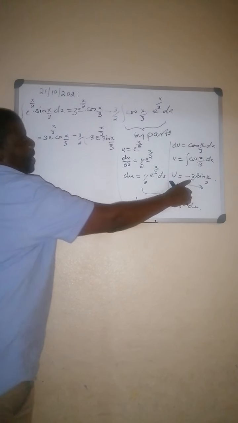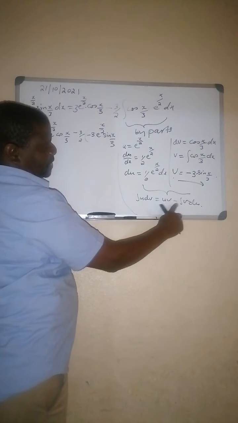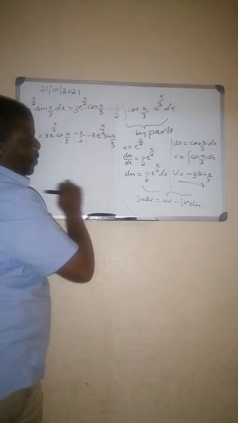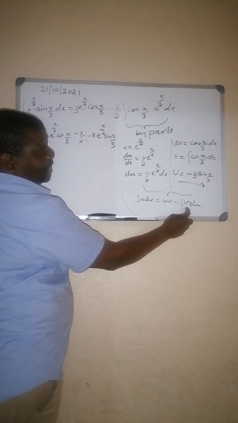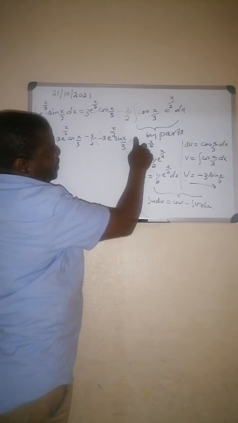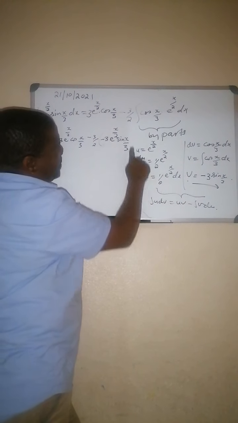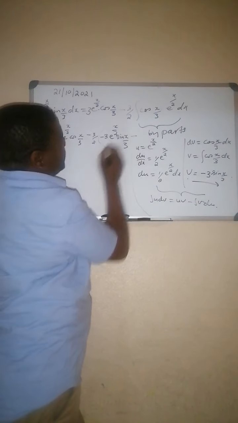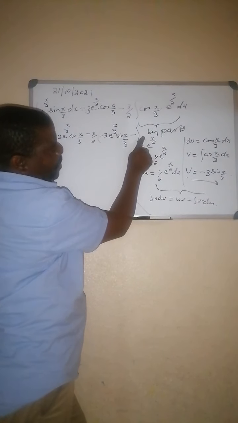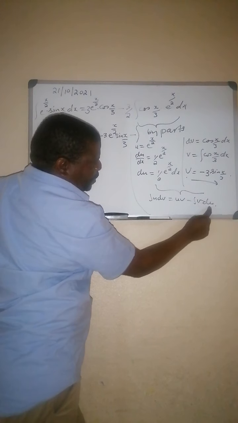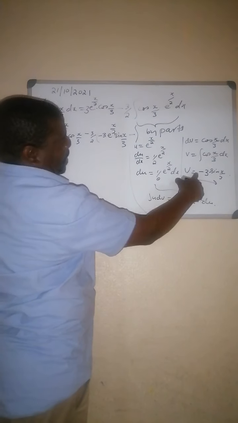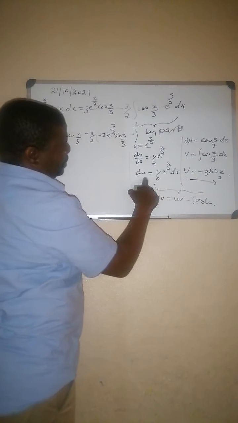Now, I need to say minus the integral of v du, because I want to take this off. I want us to look at this part and understand it, even after I shall have taken this off, for us to be able to follow. So I will have minus the integral here. Now in here I will need to throw v du, but what is v? V is that, and du is this one.